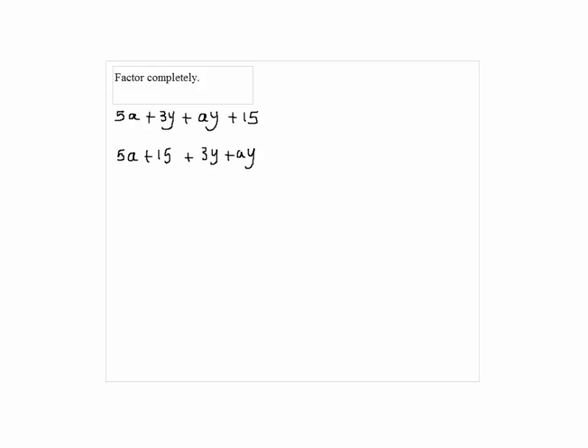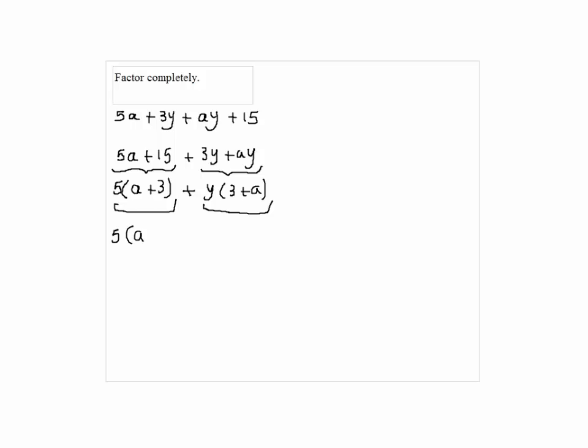Or I can group the 2 middle terms and the 2 furthest terms. And the other possibility would be grouping the first term and the third term and the second term and the last term. Well, let's see if we can group the first term and the last term together, and then group the 2 middle terms together like that.